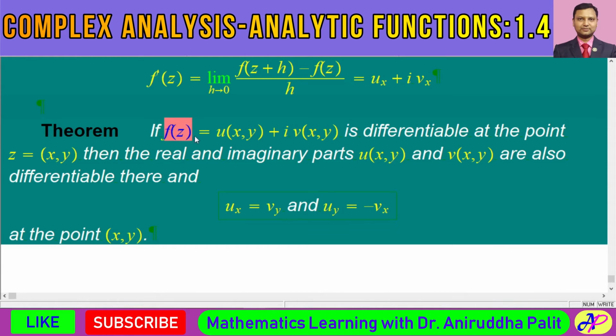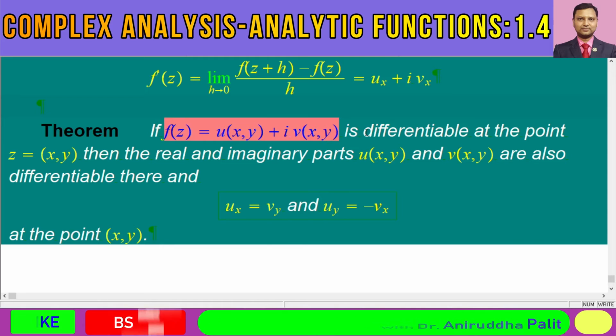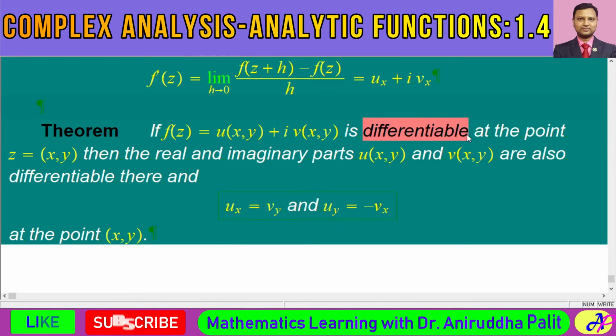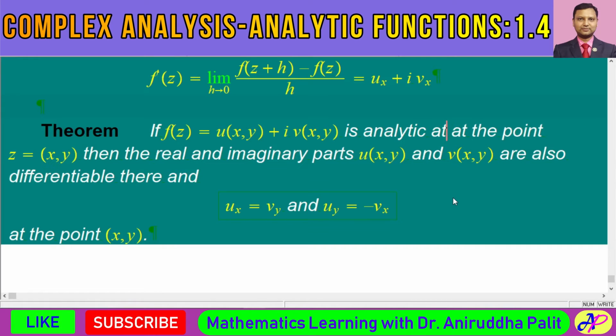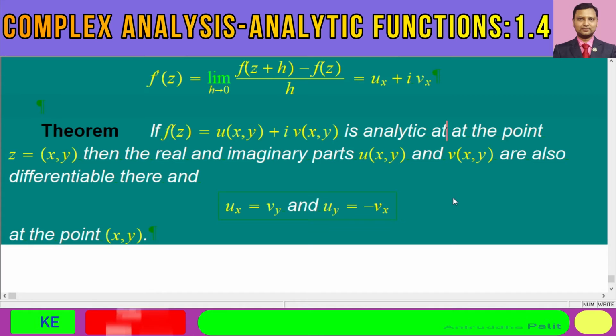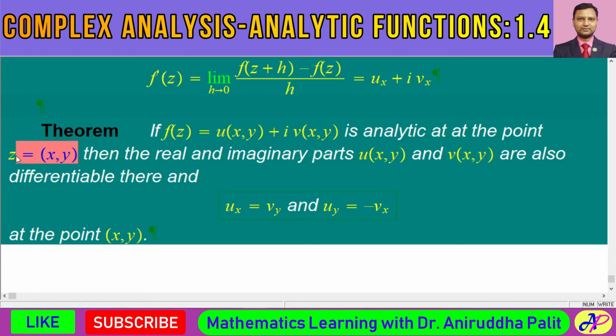We are given that f z is differentiable. Now, in place of differentiability, we would say that if f of z is analytic at the point z is equal to x comma y, then the real and imaginary parts u and v are also differentiable.